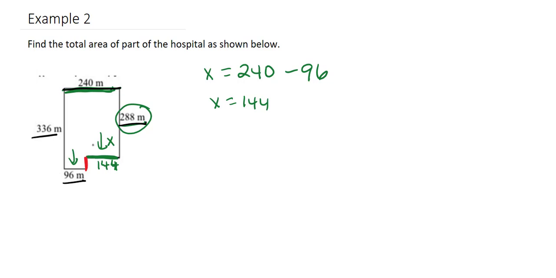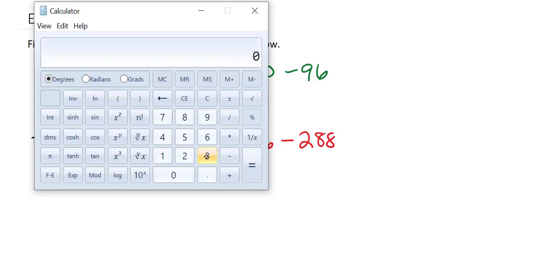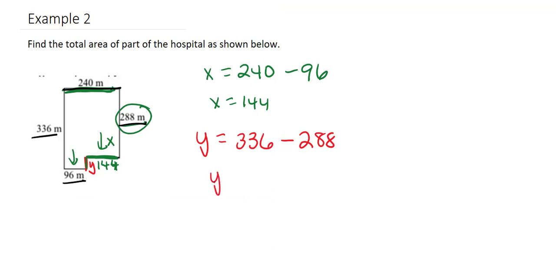We can call that y. And so y is equal to this 336 minus 288. We just take those. Let me get the calculator out, and we get 48. So y is equal to 48.